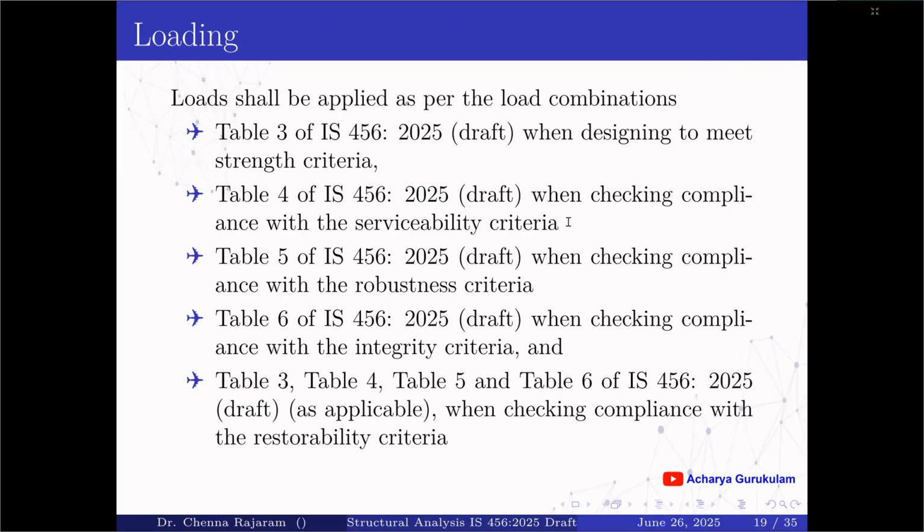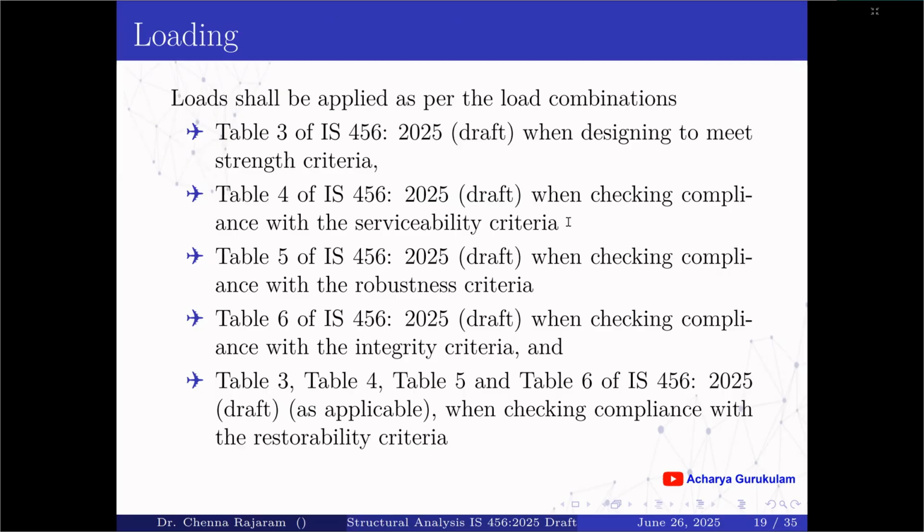Next, loading conditions. Loads shall be applied as per the load combinations given in the IS 456/2025 draft code. Table 3 of the IS 456/2025 draft is used when designing to meet the strength criteria, Table 4 to meet the serviceability criteria, Table 5 to meet the robustness criteria, and Table 6 to meet the integrity criteria.